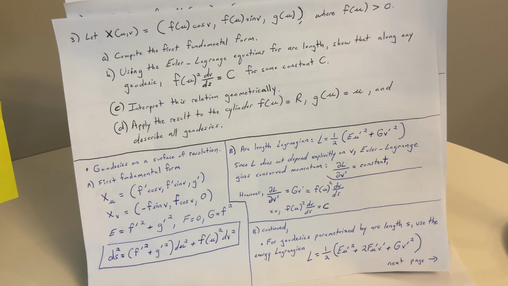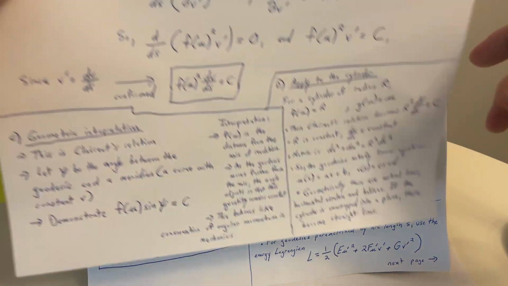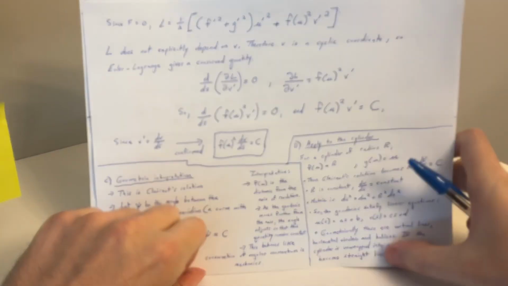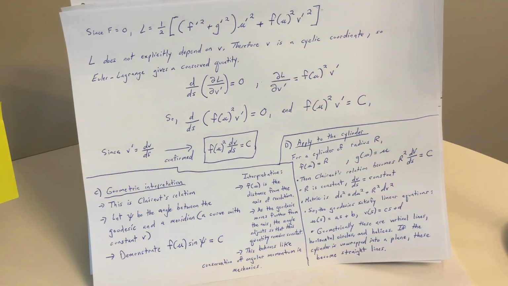So let's see if this holds up here. Since F equals 0, we have L equals 1/2 times the quantity (f prime squared plus g prime squared) u prime squared plus f of u squared v prime squared.